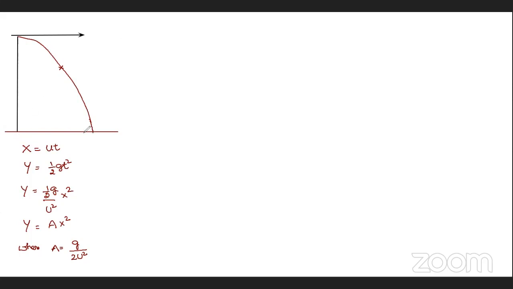Range means this part, Nana, the maximum horizontal distance it traveled. R is equal to, anyone remember? Okay, range is equal to u root 2h by g.